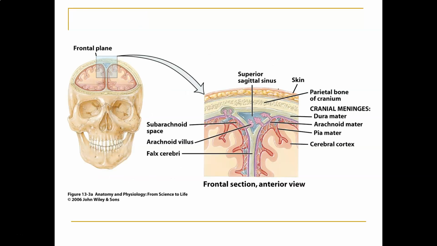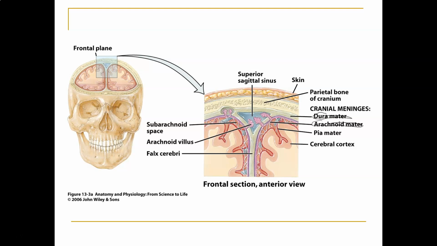And here is a picture showing the meninges. So you have to look carefully at this diagram. But the dura mater is in green, and then the arachnoid is this purple line that you see. And notice under it there's a space called the subarachnoid space.